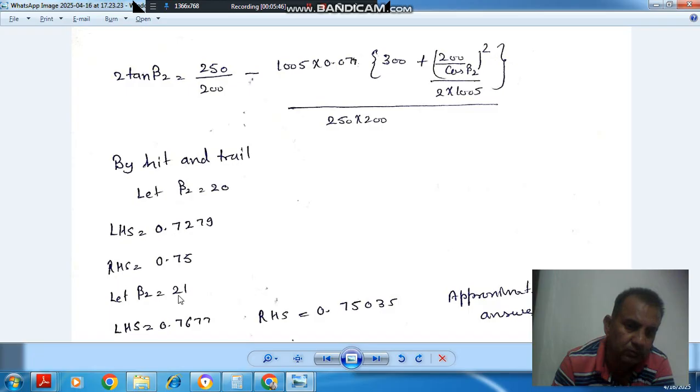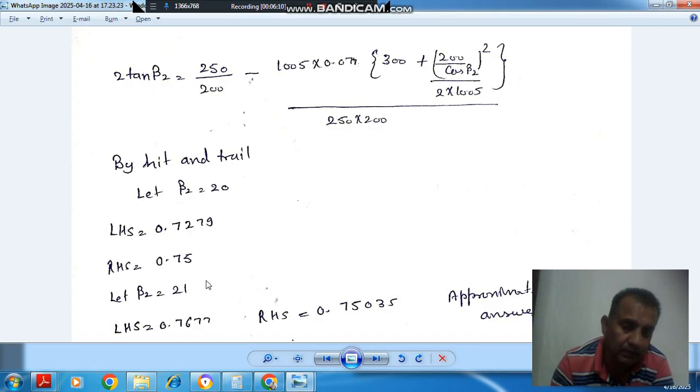These are not equal, so taking another, beta 2 equal to 21 degrees, the left hand side comes out as 0.7677 and the right hand side comes out as 0.75035. These are very close, so the approximate answer can be 21.